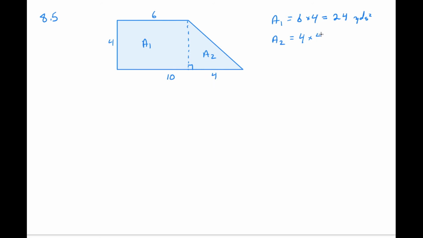So 4 times 4 equals 16. And we have to divide that by 2, right? Because it is the area of a triangle. So that's going to be 16 divided by 2. That's going to be 8 yards square. So let's add these two together. 24 plus 8 is going to be 32 yards square. And that is your answer.